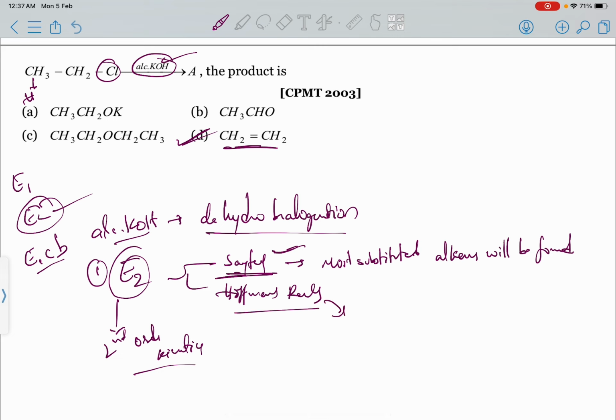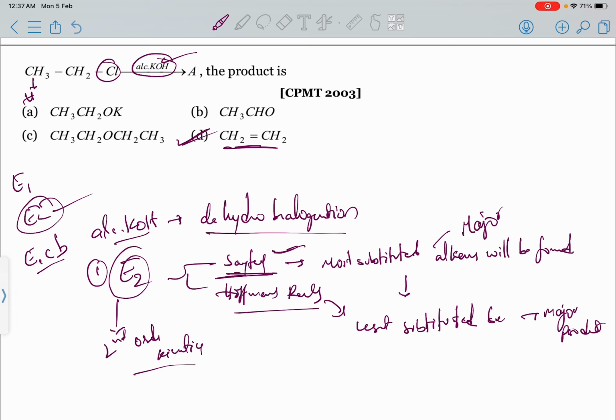There are particular Hoffman's rules which are quite opposite to this. Here the least substituted alkene will be the major product.